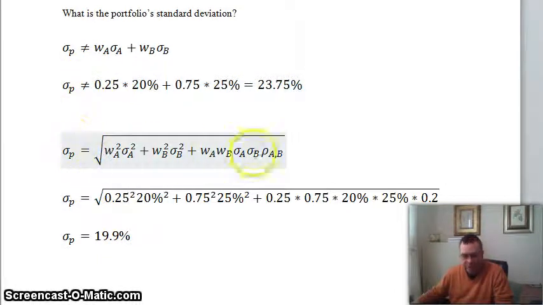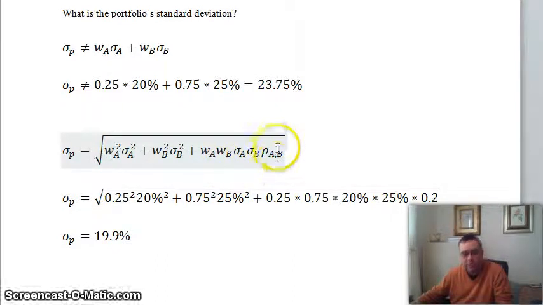This is actually the formula you have to use. It's almost a weighted average of the variances. So if you squared everything, that would make it the variance. And here we have the weight of A squared, the standard deviation of A squared, the weight of B squared, standard deviation of B squared. But then we have this other term in here, and this is for diversification benefits.